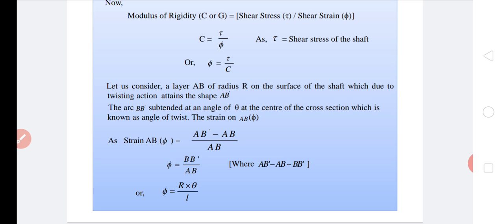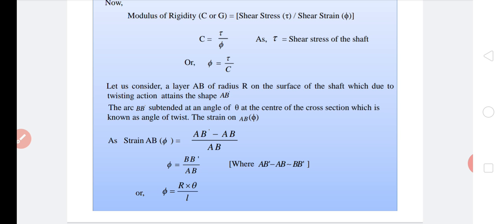Similarly, a layer AB of radius r on the surface of the shaft, due to twisting action, attains the shape AB dash, which I already discussed. As a result, strain phi equals AB dash minus AB by AB, where AB dash minus AB equals BB dash upon AB, that is equal to phi.